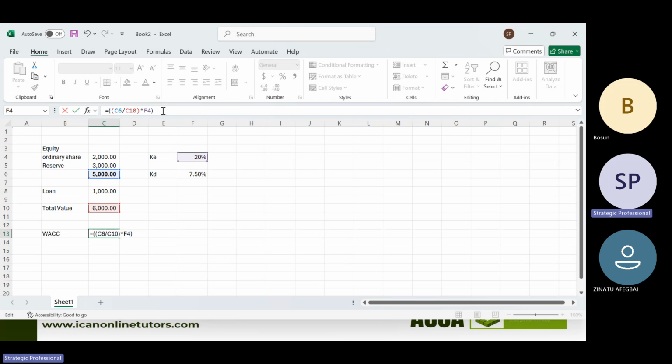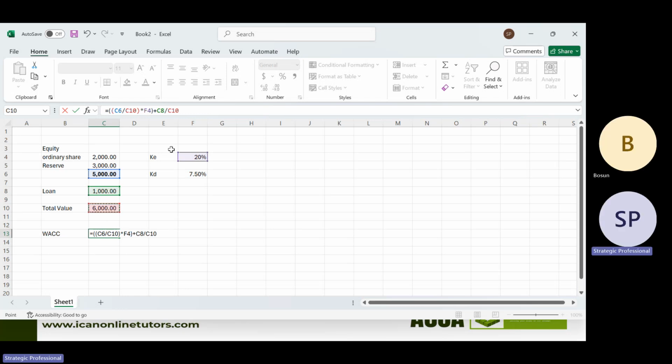Then plus your market value of debt divided by your total value, multiplied by your post-tax cost of debt. What do we have? This is WACC.